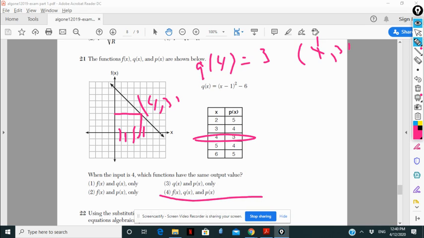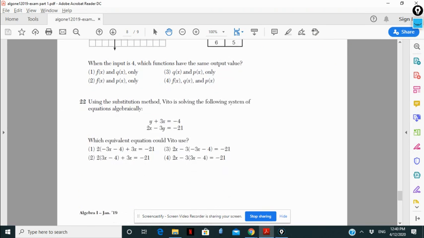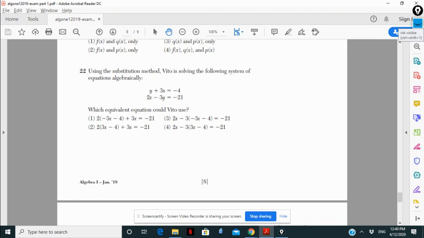Question number 22. Using the substitution method, we are solving the system of equations algebraically. Which equivalent equation could be used?